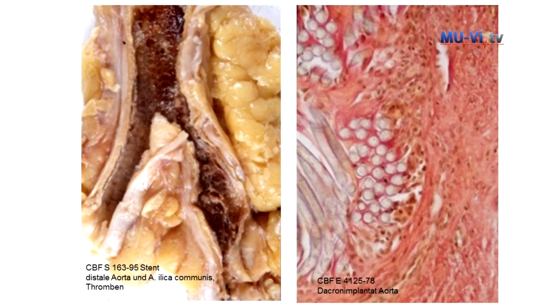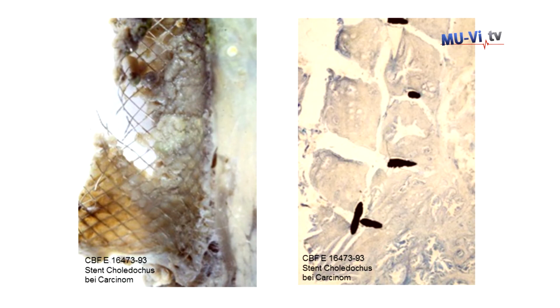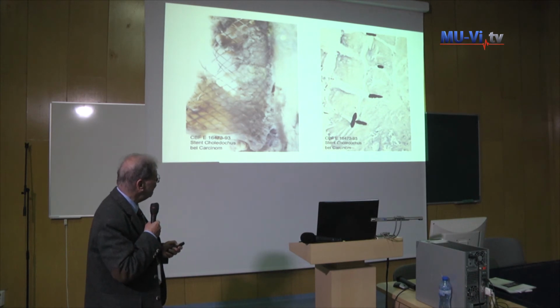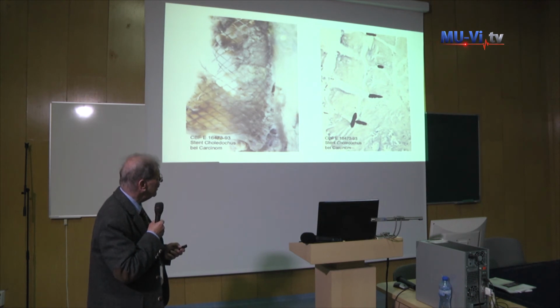Of course, there are other applications for implants, for example, to replace parts of the aorta with Dacron, and on the other side to implant stents. Stent, for example, for the choledochus, and this is only a very short-living possibility to release the patient from jaundice.